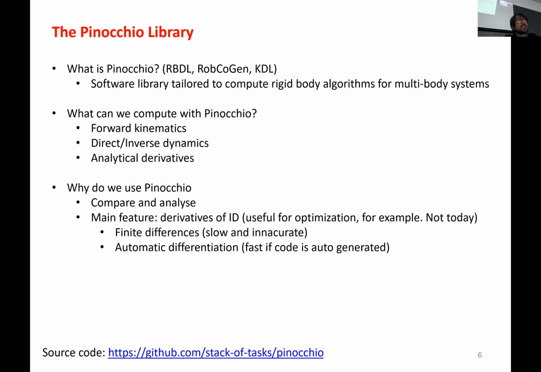Automatic differentiation is faster than using the analytical derivatives of Pinocchio, but it requires a pre-step of generating the code. Whereas with Pinocchio, you can just download the library, install it, and then you don't have to generate the code. It computes the derivatives for any type of multi-body rigid body system that you want to compute.